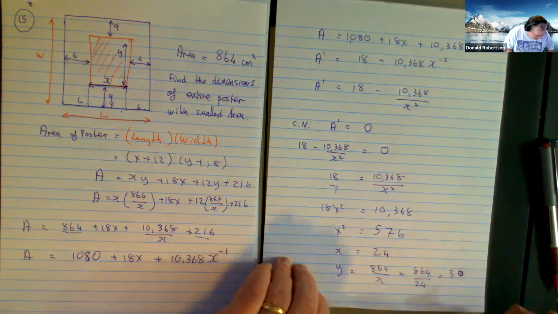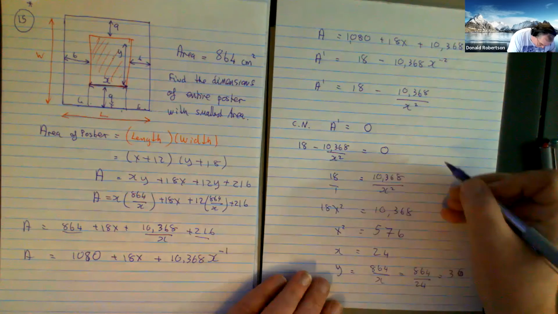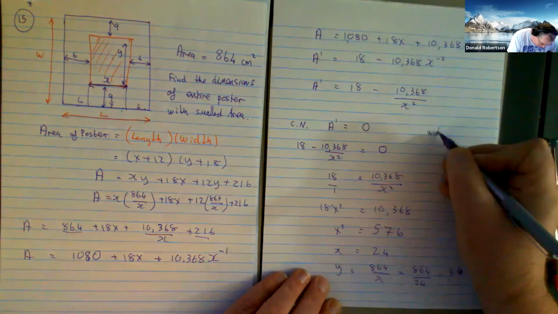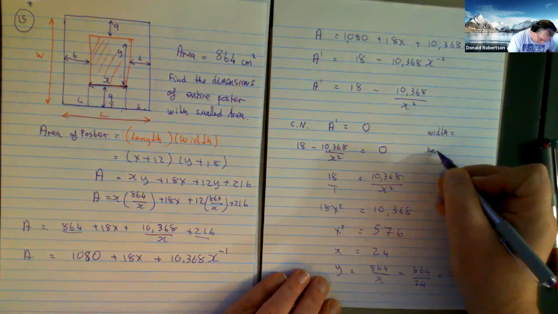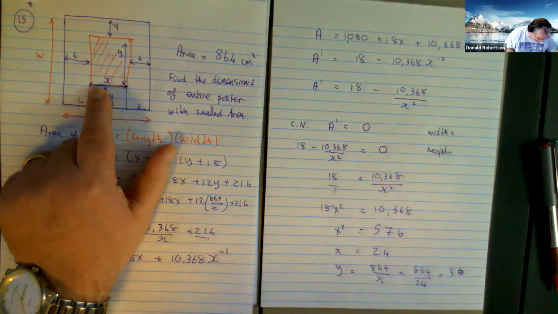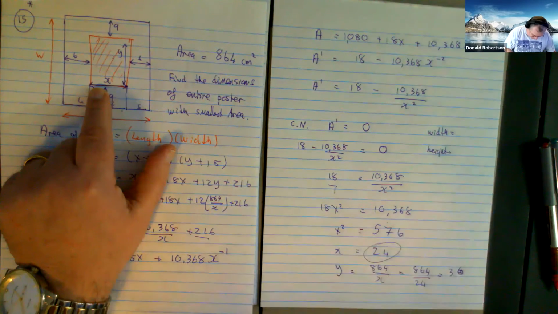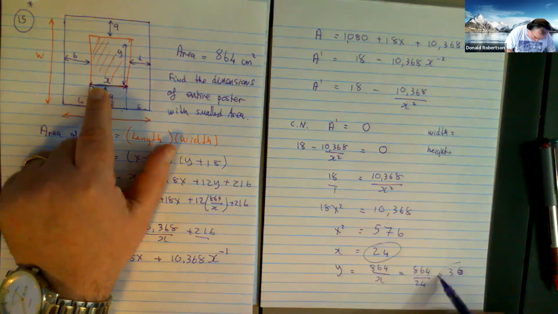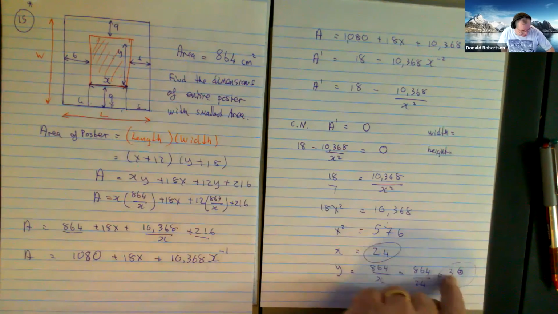Okay, and what do they want? Oh, they want the width of the poster and they want the height of the poster. Now, the width is not X and the height is not 36. Isn't that the width and the height of the picture in the middle?